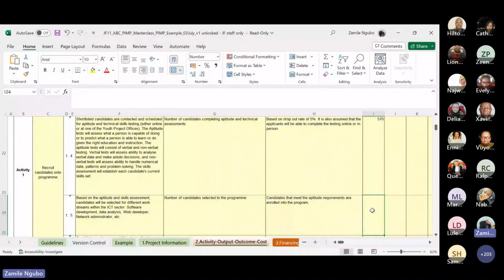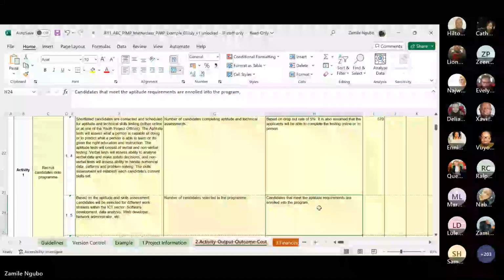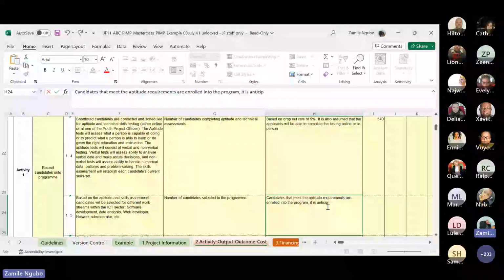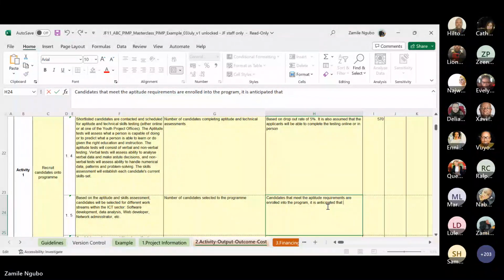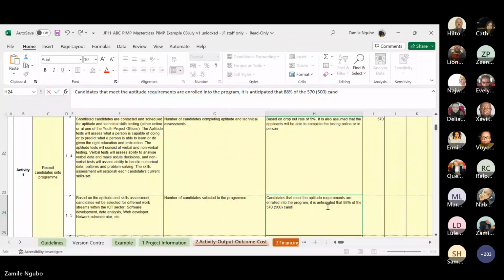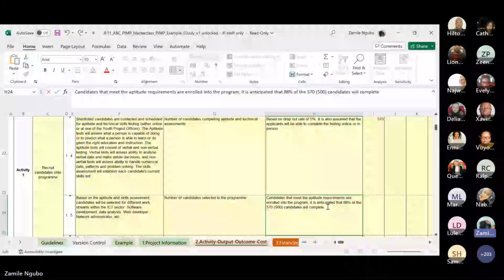Here it is anticipated that 88% of the 570, which is 500, we are assuming that 500 candidates will complete testing.